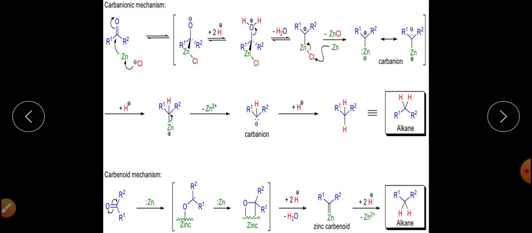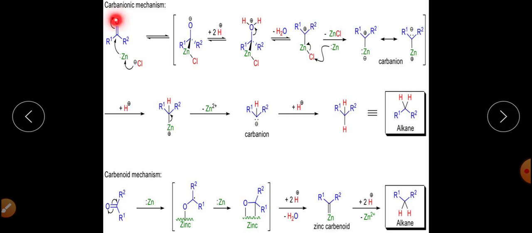Now when we discuss the mechanism of this Clemmensen reduction, generally two accepted mechanisms are there for this particular reaction. One involves the carbanionic mechanism, and the second involves the carbenoid mechanism.